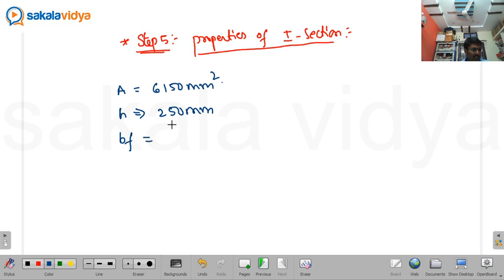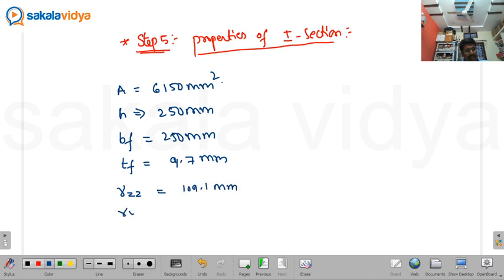Width of the flange is 250 mm. Thickness of the flange is 9.7 mm. And you have to write the radius of gyration, RZZ, that is 109.1 mm. Radius of gyration in YY direction is 54.9 mm.